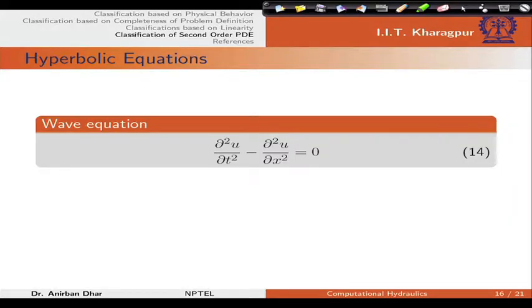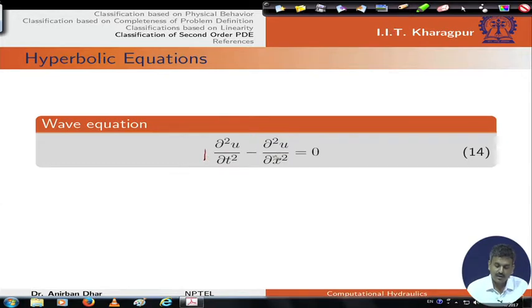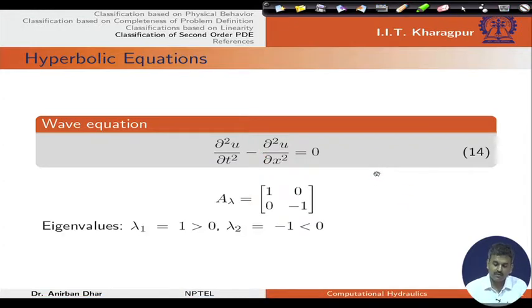In case of the hyperbolic equation, that is the wave equation, we can see that the coefficient is 1, here it is -1, and with this information we can construct the coefficient matrix. This is 1, -1 and cross terms are 0.